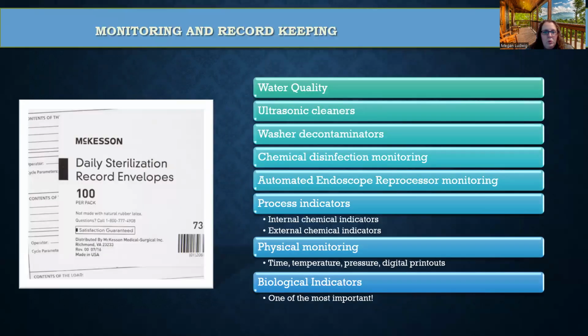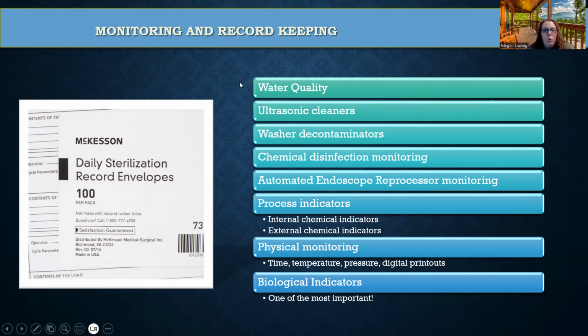Okay, some other things you are going to have to keep record of. These are all things that are going to require some sort of record. It could be digital. Some facilities go digital now, as opposed to handwriting, which could be an issue. So it depends on your facility. Here's another picture of one that you might see, a daily sterilization record envelope.